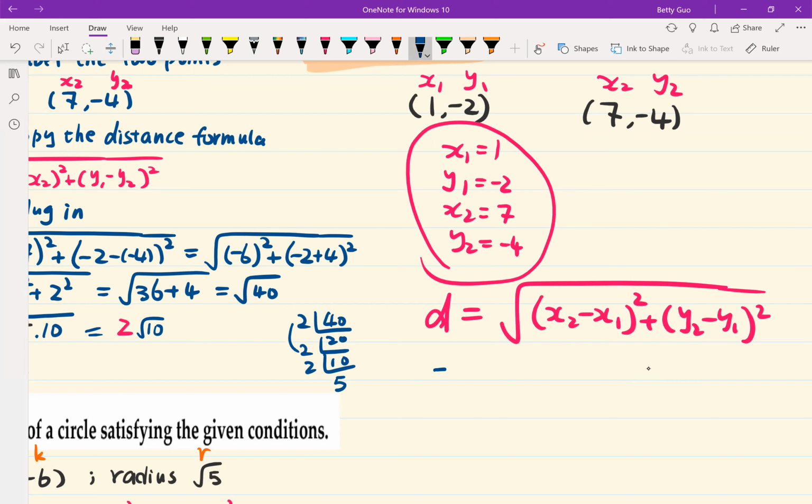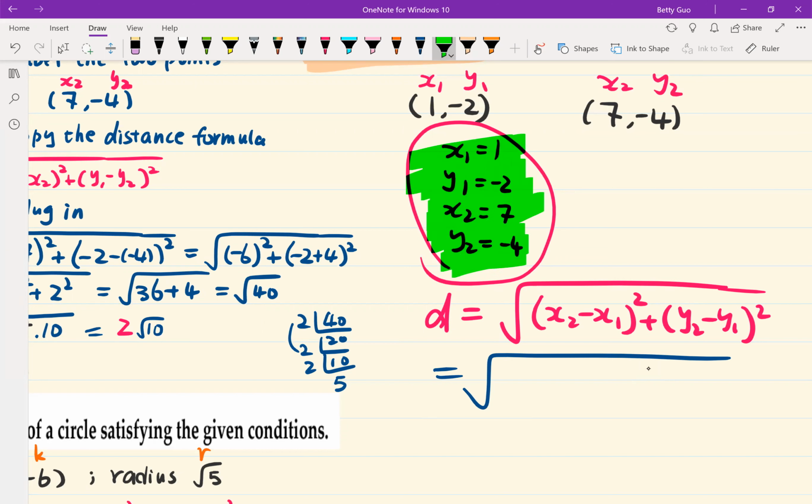Step 3, plug in and operate. x2 is 7, minus x1, to the power of 2, plus y2, which is -4, minus y1. y1 is -2, so minus -2. Be very careful with the sign.